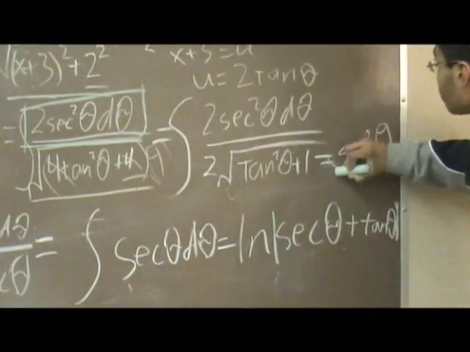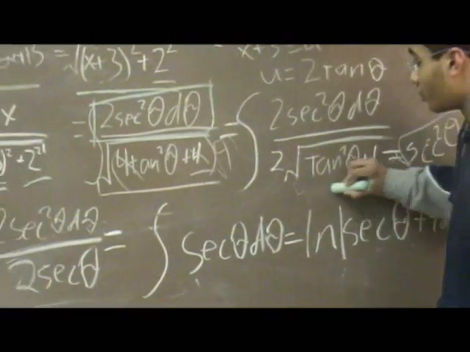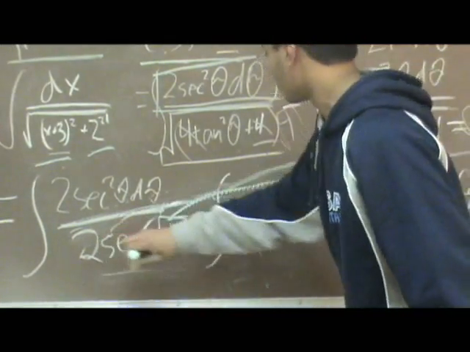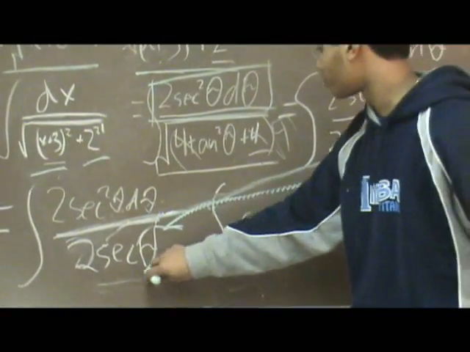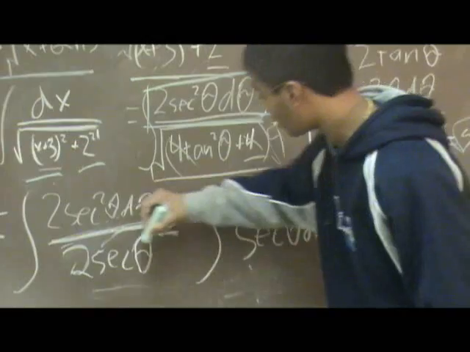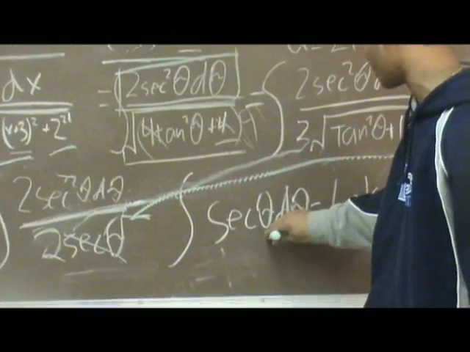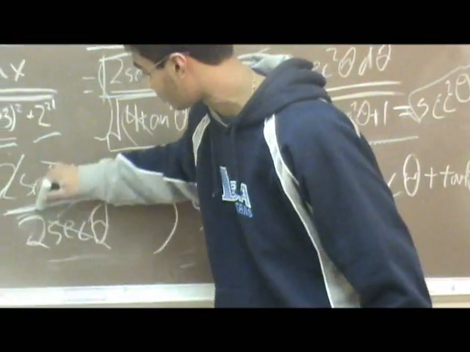Therefore, if we take the square root of secant squared theta, we get this: 2 secant theta. Now simplifying this, cross out one of your secants, you get secant theta d theta, and the 2's also cancel.